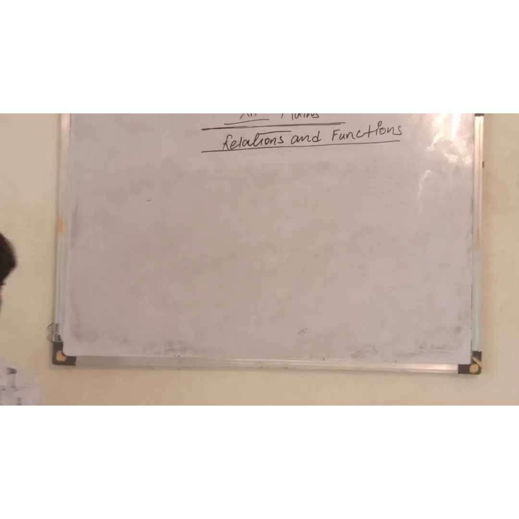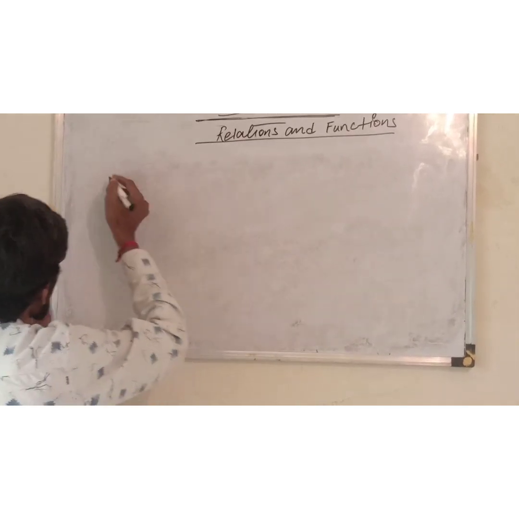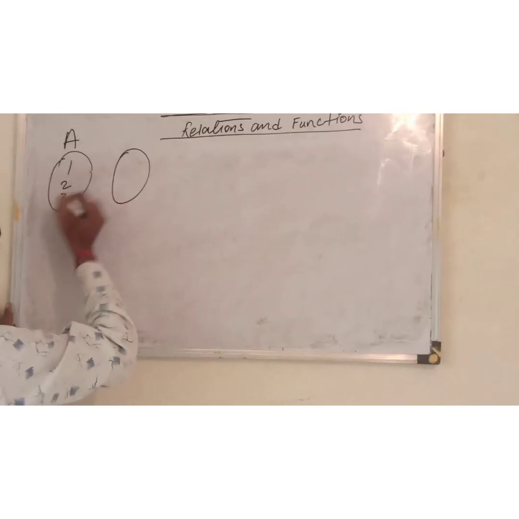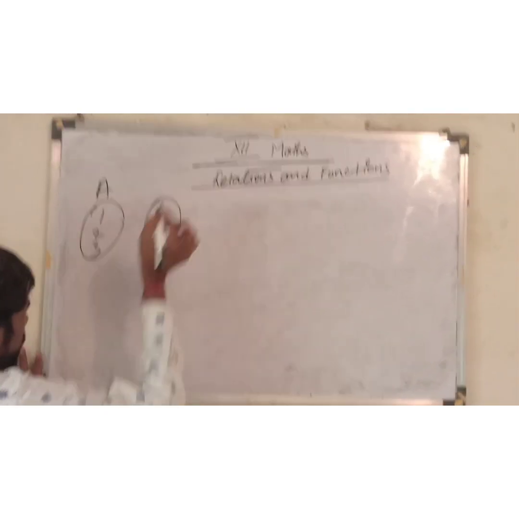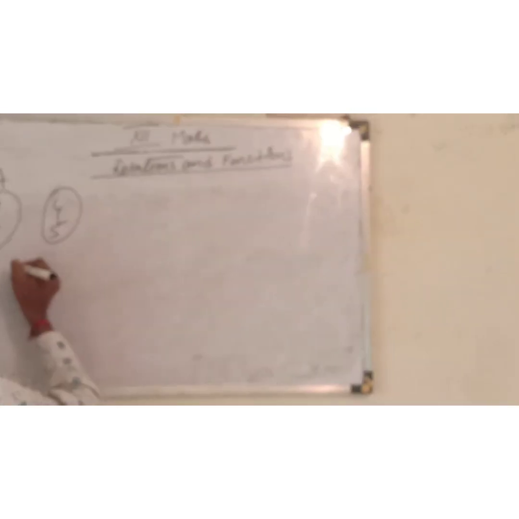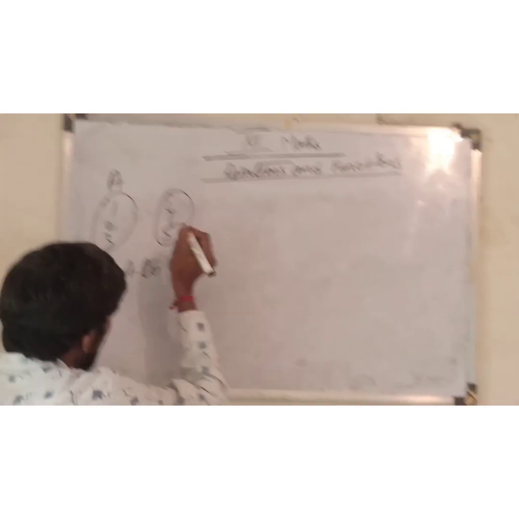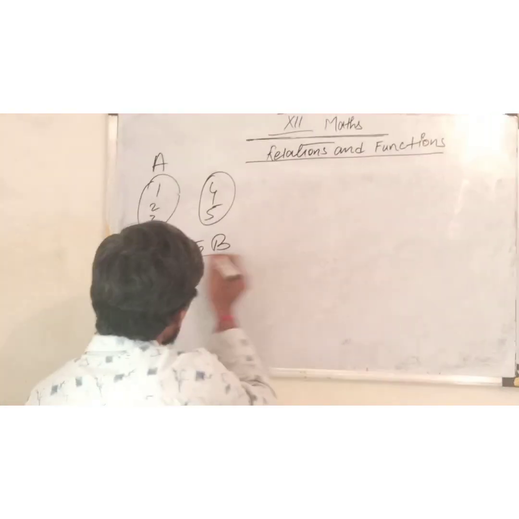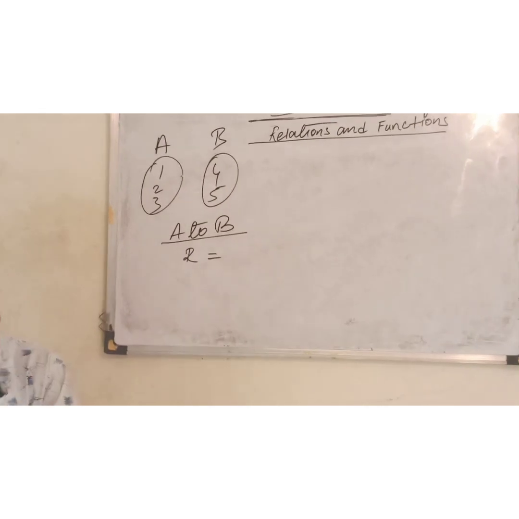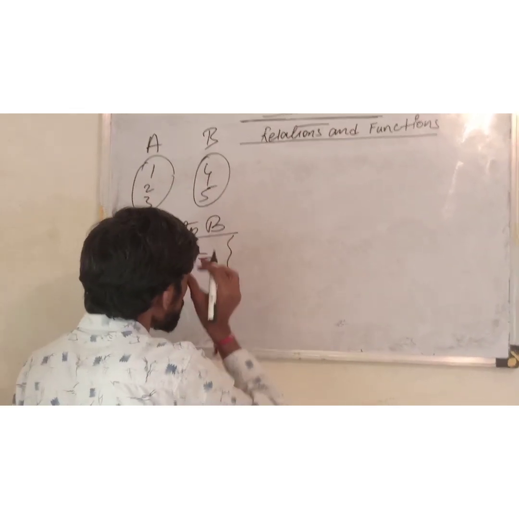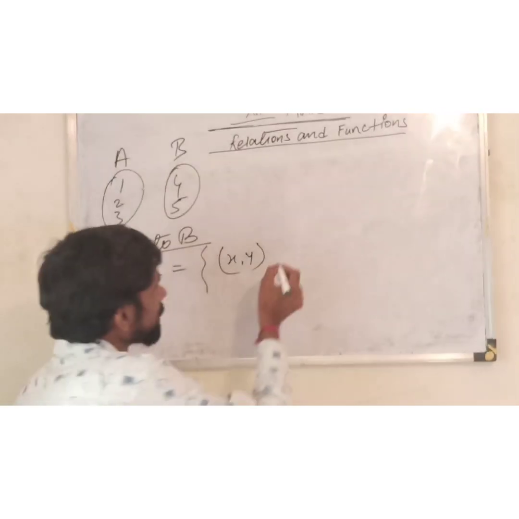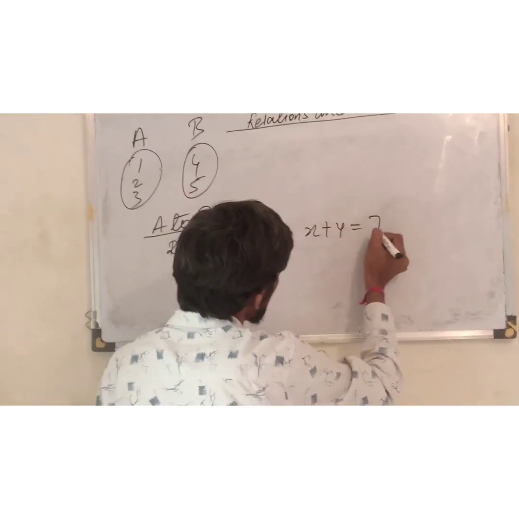For example, here if we take this as A and this as B, with 1, 2, 3 in A and 4, 5 in B. If the relation they are saying is from A to B or B to A, such that, let us assume, x comma y is such that the relation is x plus y is equal to 7.